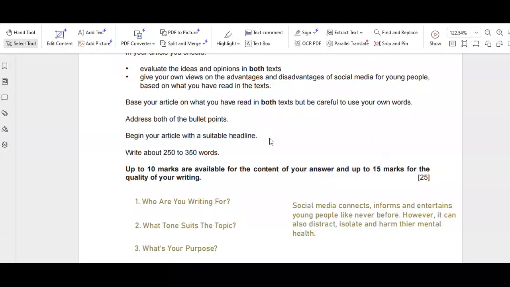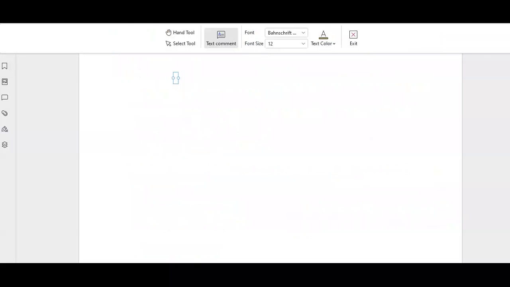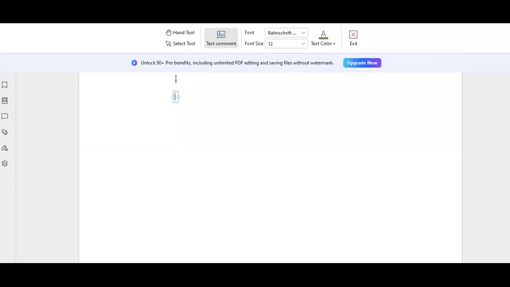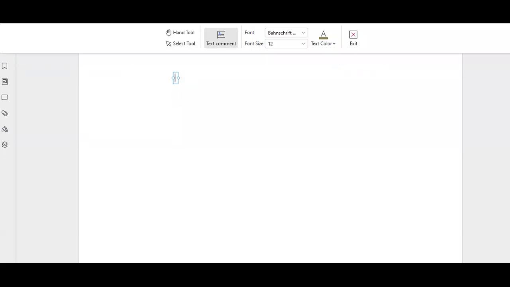That means the first thing you need to keep in consideration is the headline. Our headline must follow the approach that we are supposed to adopt in the question, which is the balanced approach.